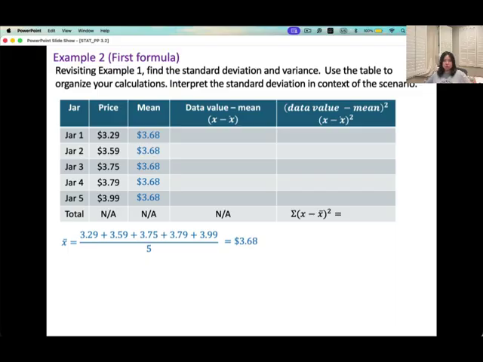Now, we're gonna do it step by step. We're gonna use x minus the mean. Okay, that will be the x bar here. So data value, first one, $3.29 minus the mean, minus the $3.68. Use your calculator, you're gonna get this guy. And then we're gonna take the square.